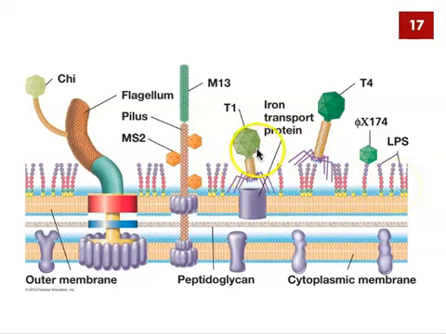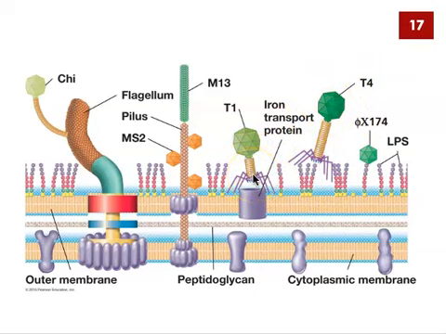There are proteins again represented like this one labeled iron transport protein, and the LPS is labeled for us, but this is what we're really interested in right here. This is a bacteriophage. This one happens to be called T1. This one over here is a T4 bacteriophage. Notice there's a little bit of structural difference. The protein in the capsid of the head, this would be a different protein than what would be found in the head of T4. The neck region is also longer in T4 compared to T1.